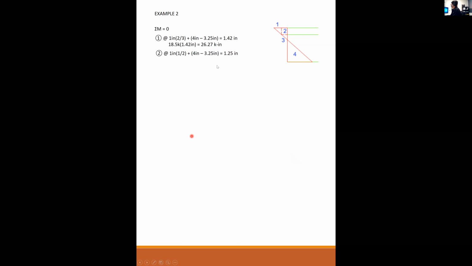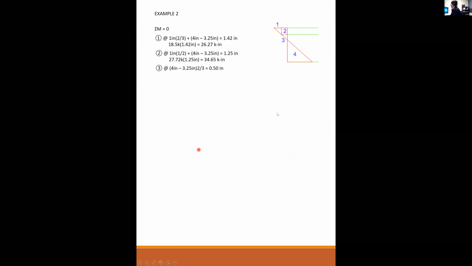Part number 2. I have a rectangle now, so the centroid of the rectangle is halfway up. So halfway up the 1 inch thickness, plus the 3/4 to get me to the centroid is 1.25. 27.72 is the resultant that I found, times 1.25 in the clockwise direction gives me 34.65 kip inches.